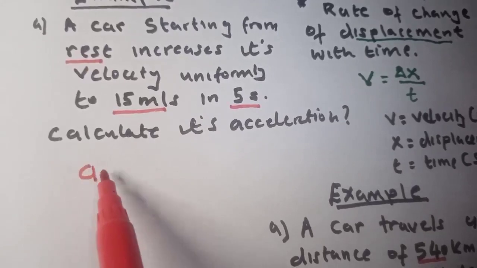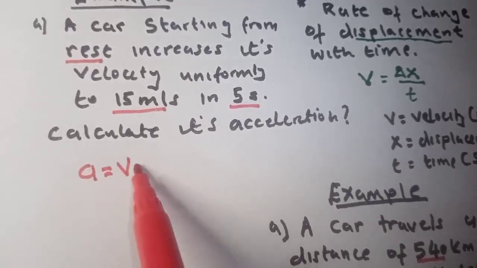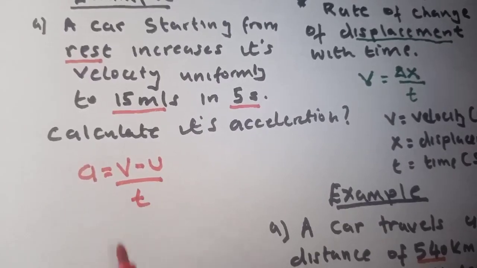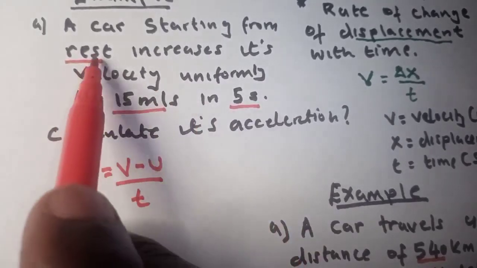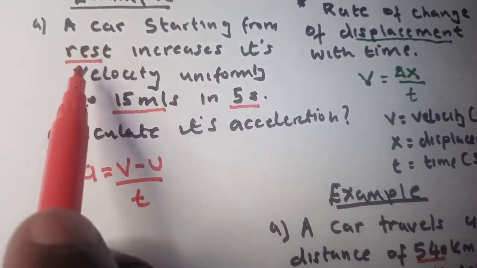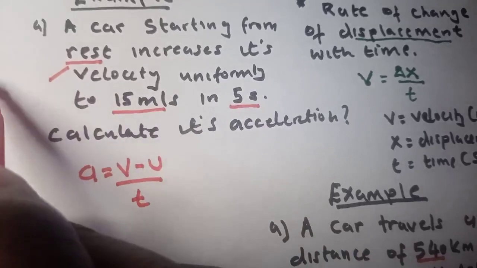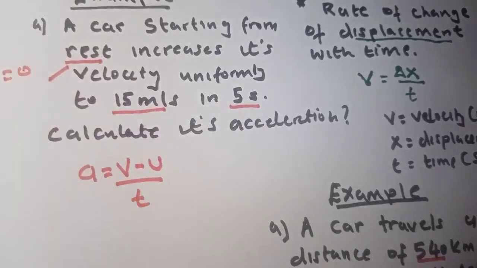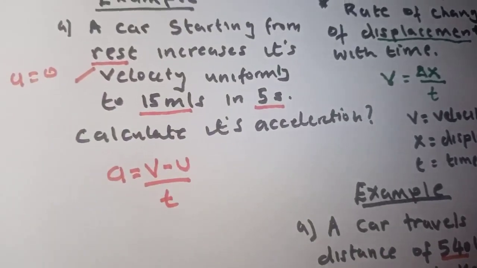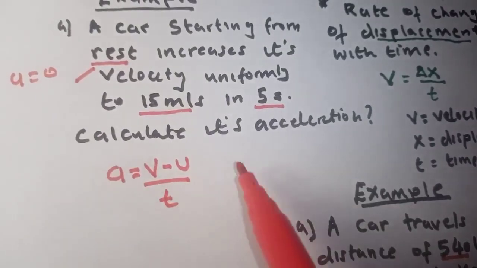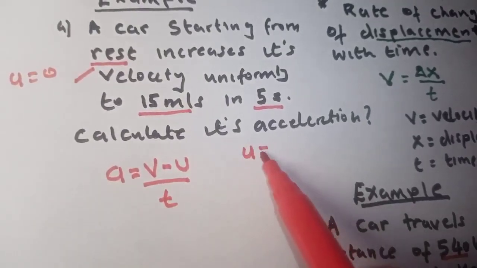We know acceleration is equal to final velocity minus initial velocity over time. Now, this word starting from rest simply means that our u is equal to 0.